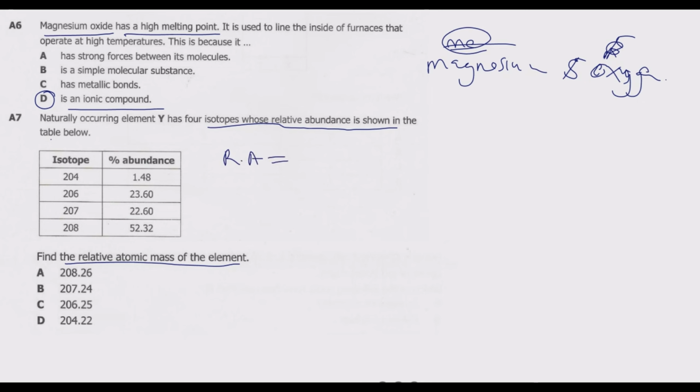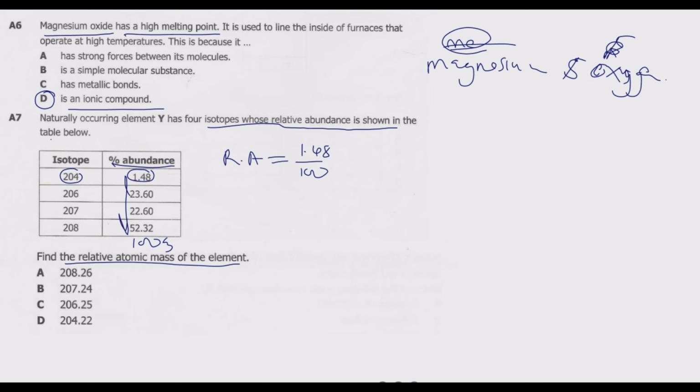So what we need to do is multiply this percentage by this. So we start with 1.48% over 100%, because remember when you add these with your calculator, since these are percentages, they should give us 100%.